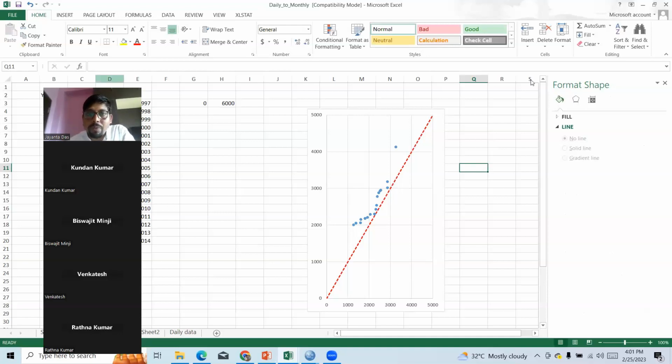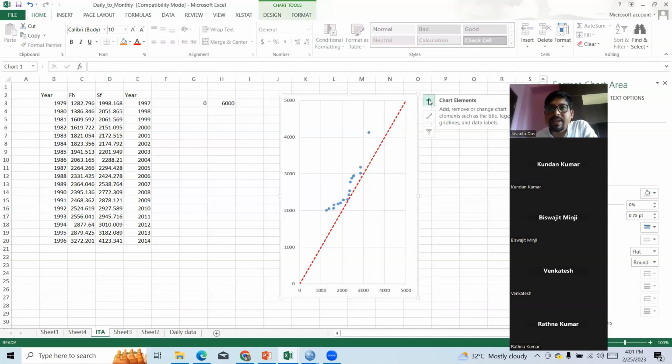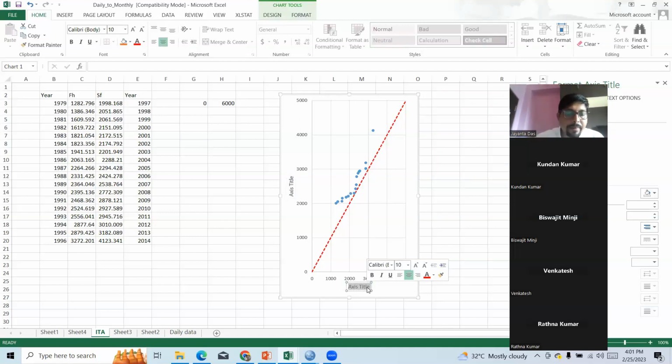Now see this plus sign, chart elements. Draw here an axis title. Click on it, and it's the first half. So give the name first half, from 1979, right? 79 to 96.